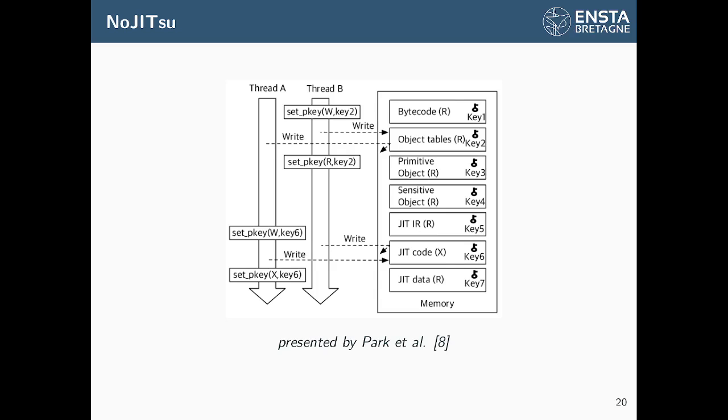So the solution to the bytecode attack that was presented earlier: the same authors presented their protection. Basically the idea is to give a key to each of the important objects of a VM that are stored in memory.